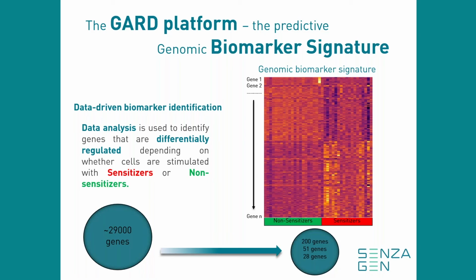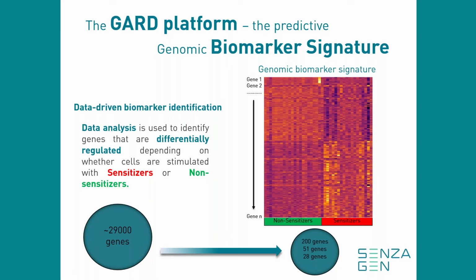What you see in this figure is the 200 genes in the GARD prediction signature for skin sensitizers. This is just an example, but it could equally be the other biomarker signatures we have, because the identification process is performed similarly for all the biomarkers that we have.